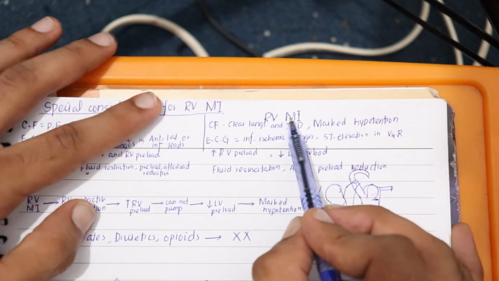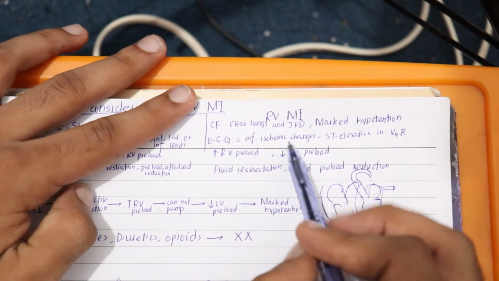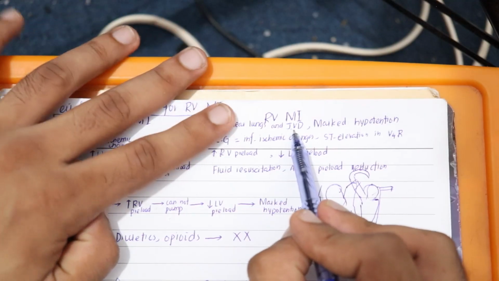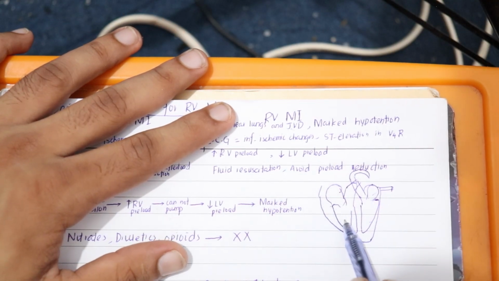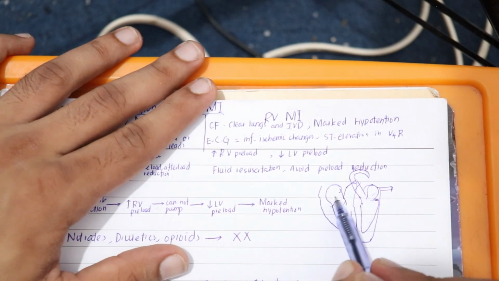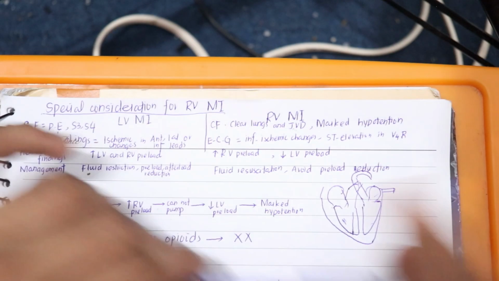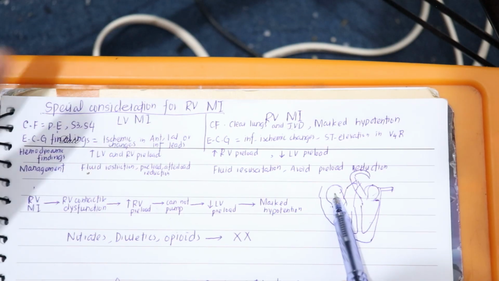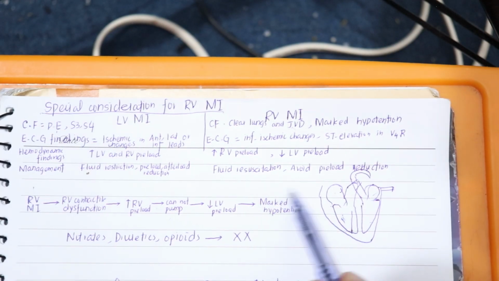While in case of right ventricular MI, the clinical feature would be clear lungs plus raised jugular venous distension. Why? Because if this right ventricle is dysfunctional, it is unable to contract and blood will accumulate in this portion as well as in this portion, the right atrium. So blood from the system won't come here.